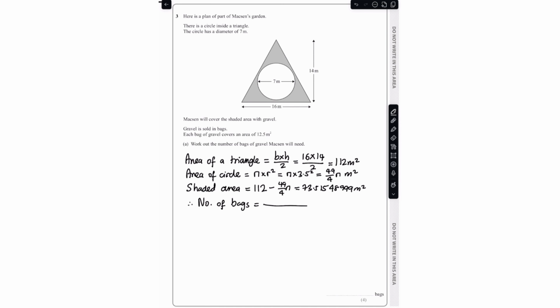So in this case, that's going to be 73.51548999 meters squared divided by 12.5 meters squared. And that gives a value of about 5.88, which is approximately equal to 6. So your final answer, or the total number of bags of gravel Maxon will need, is 6.